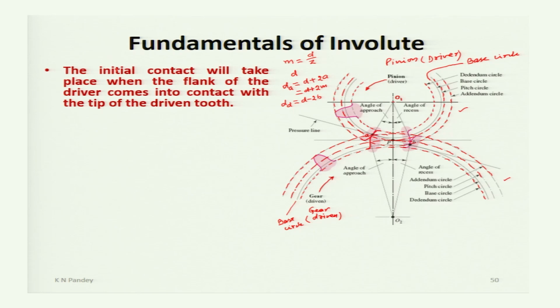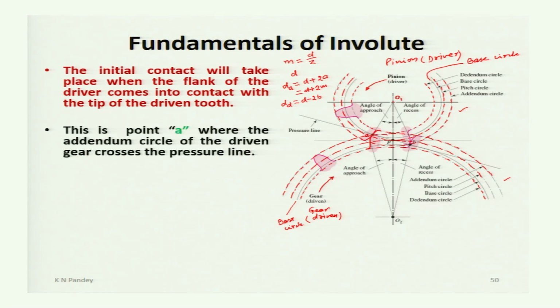So, the initial contact will take place when the flank of the driver comes into contact with tip of the driven tooth, and that is point A. This is point A, where the addendum circle of the driven gear crosses the pressure line. This is the pressure line.